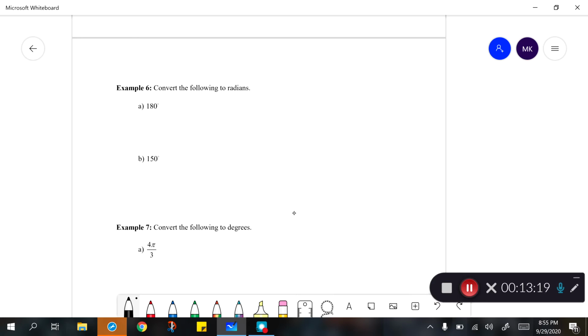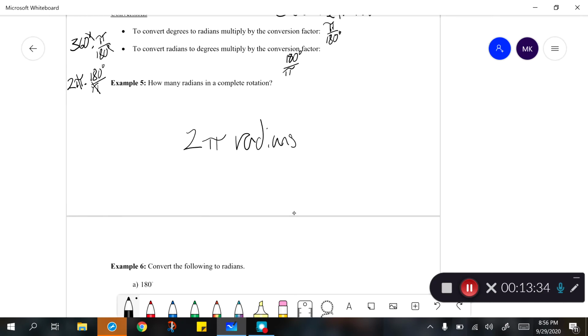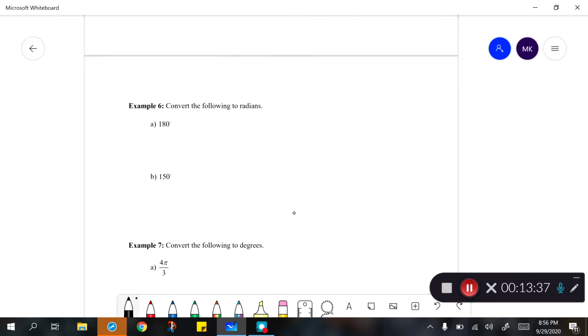All right, let's convert the following. Some of these are easy, some of these are less easy. If we look at these, all we have to do is simply multiply by those conversion factors. Because I want to convert to radians, I need there to be radians in the numerator.